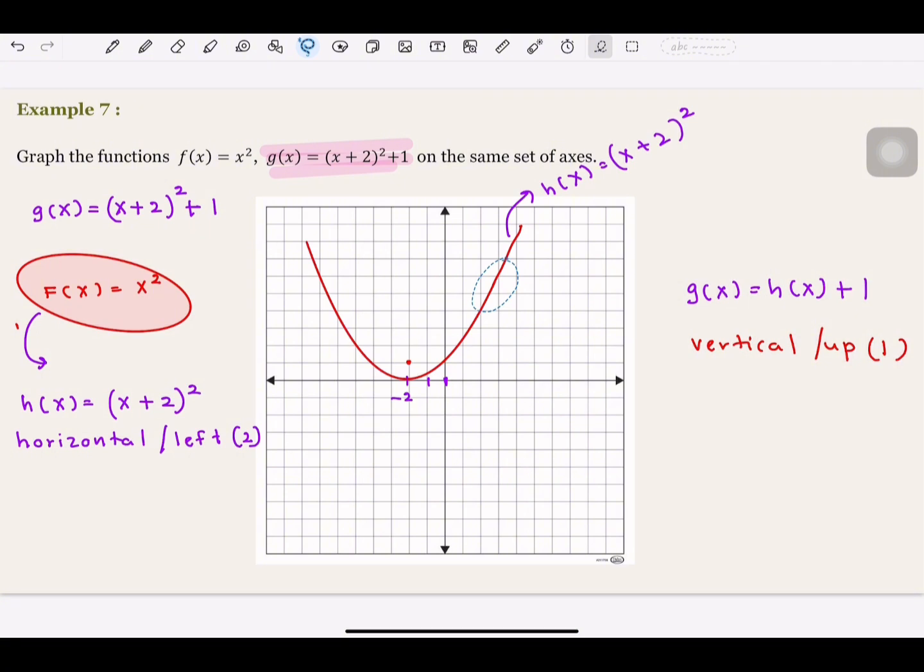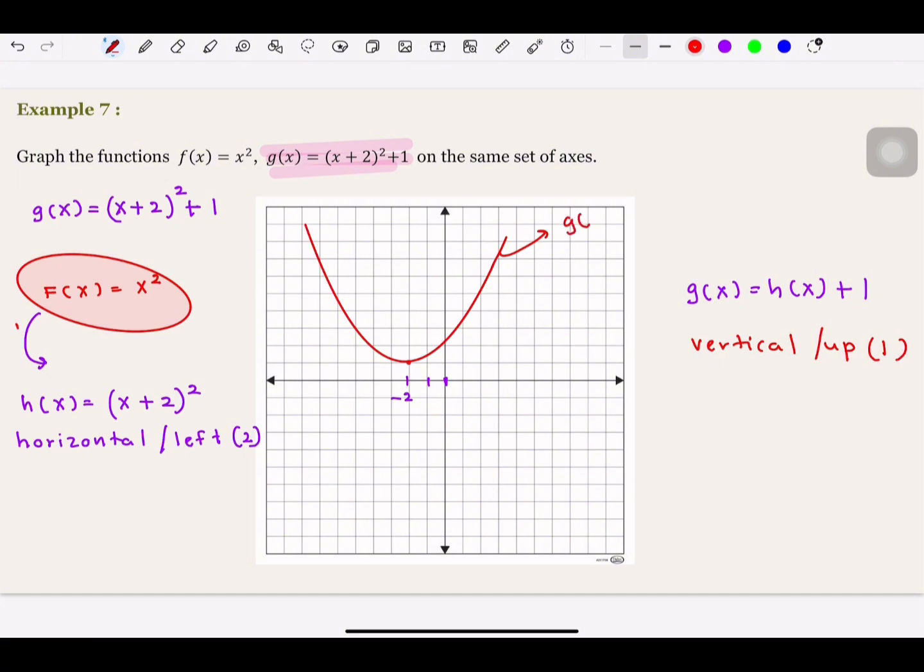So I'm going to take this graph and move it up here. So this graph represents g of x, which is (x + 2) to the power 2 plus 1.